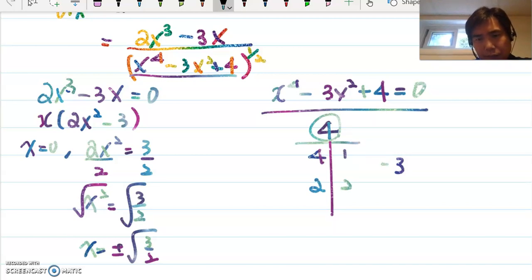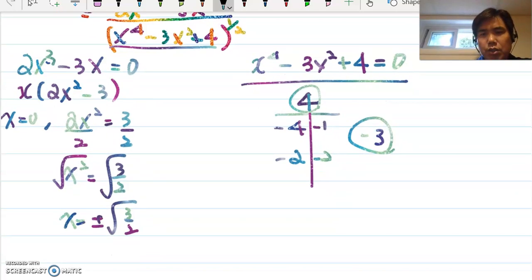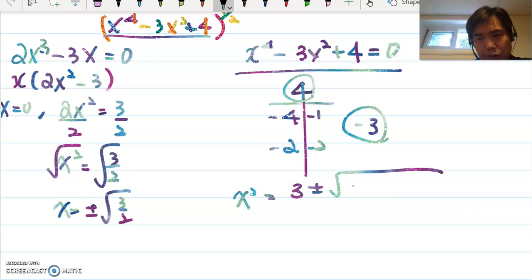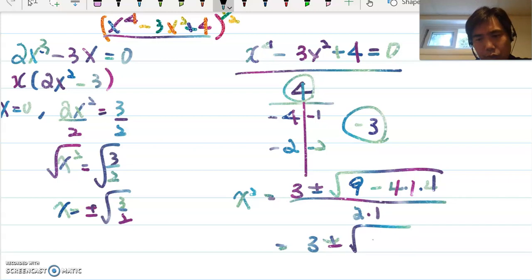But because they're the same sign, and both must be negative here, none of them gives you negative 3. So we try to use the quadratic formula, but this is for x squared first. Then x squared equals 3 plus and minus square root of 9 minus 4 times 1 times 4, over 2 times 1. Then this becomes 3 plus and minus square root of 9 minus 16, over 2.